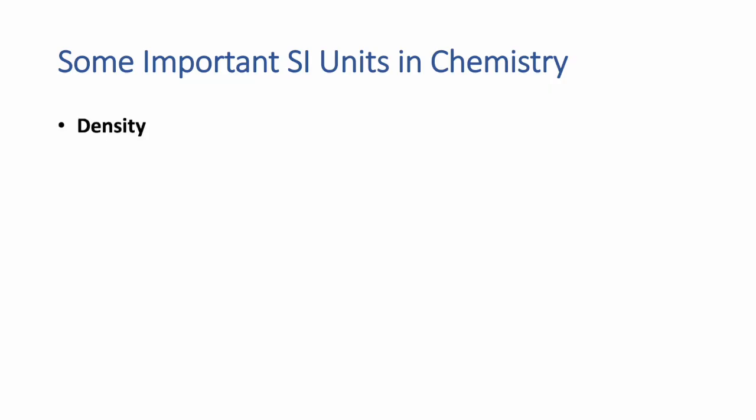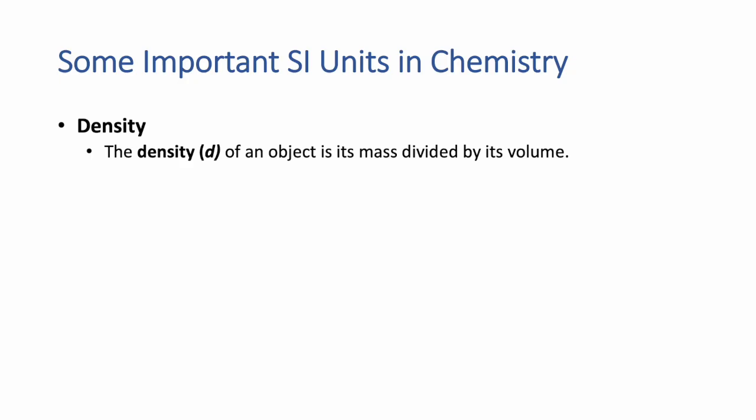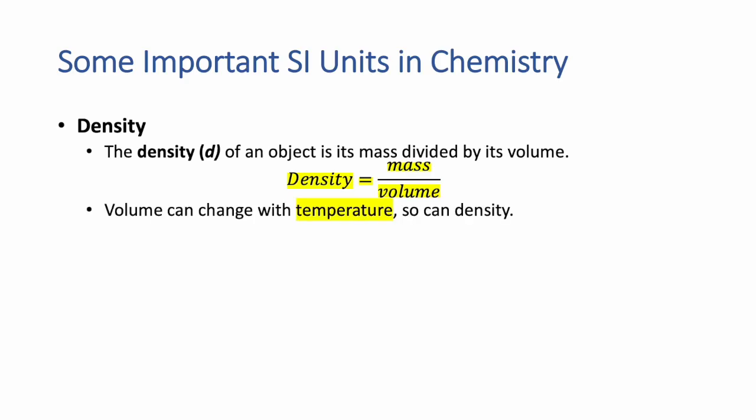Other quantities, density. The first worksheet that you will be doing has a lot of density calculations. Density is an object's mass divided by its volume. We have this formula, mass divided by volume. Volume can change with temperature, so can density.